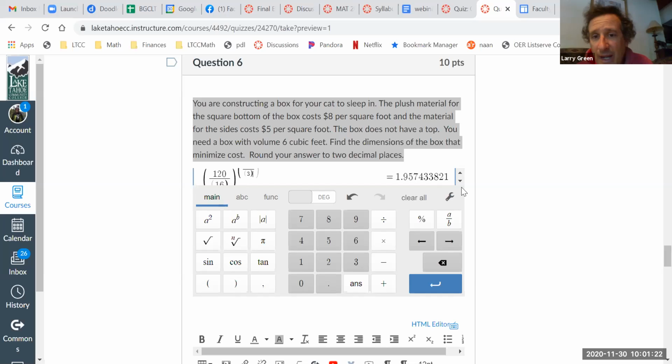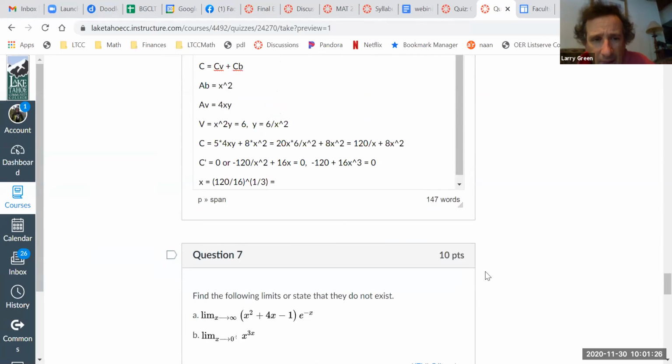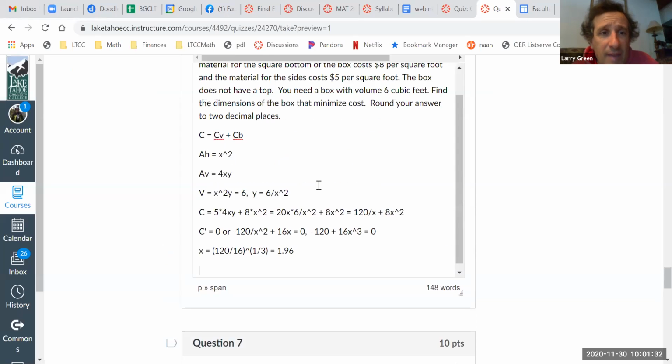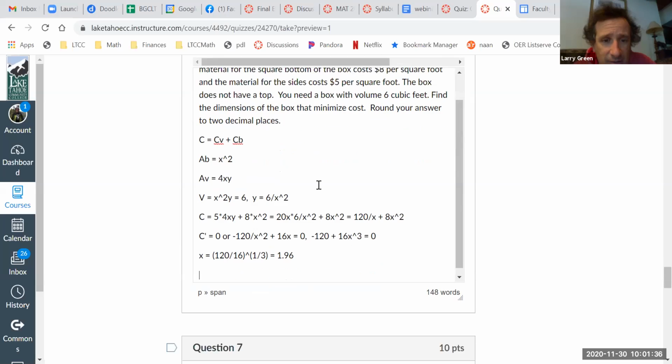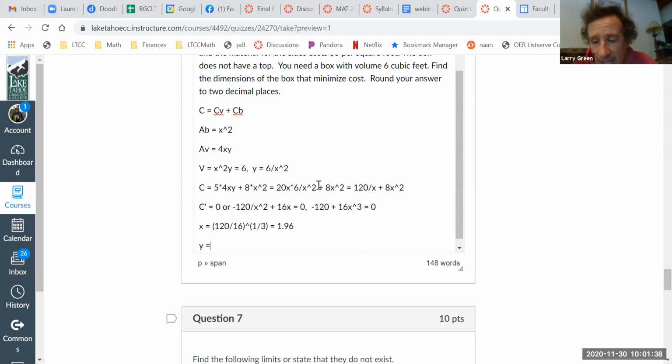And you get about 1.96. Okay, and then we want to find out what y is, but y is 6 over x squared. So y is equal to 6 over 1.96 squared.